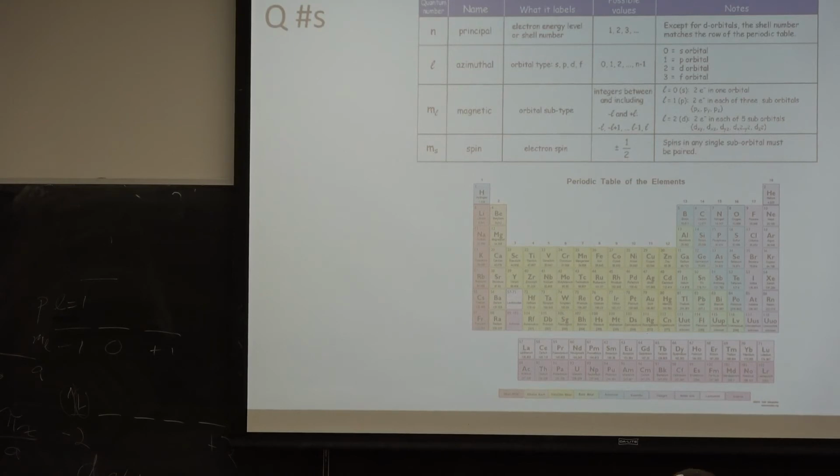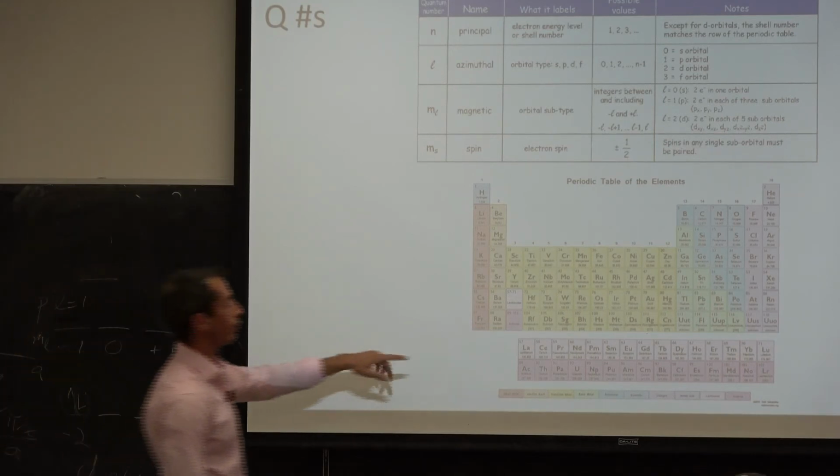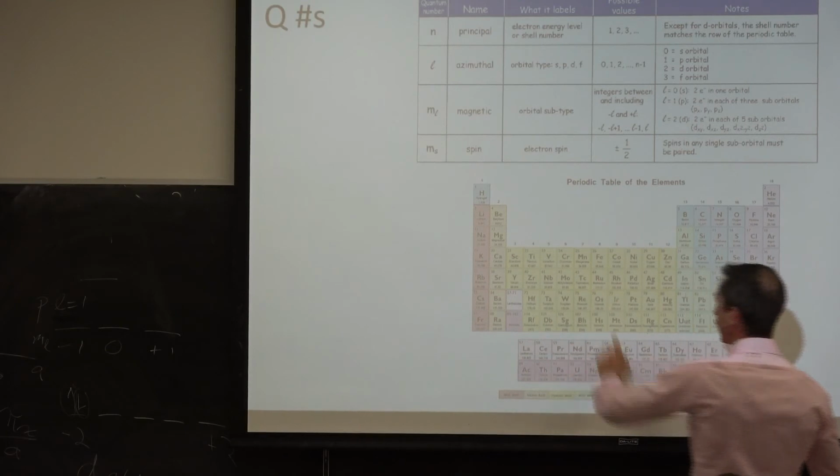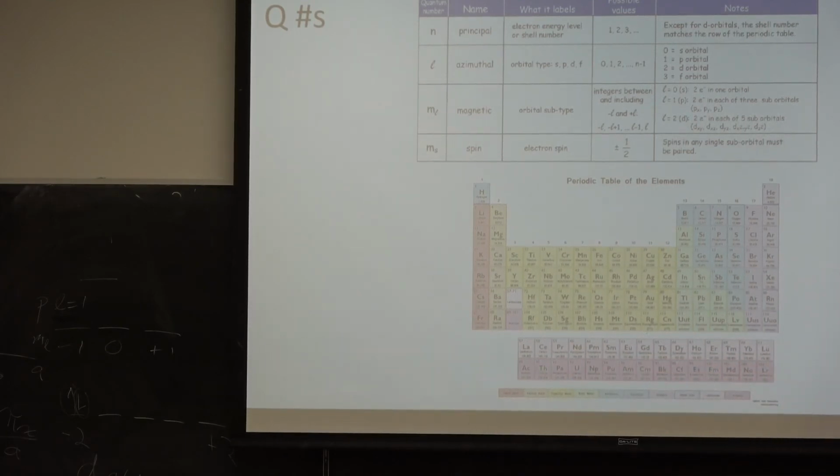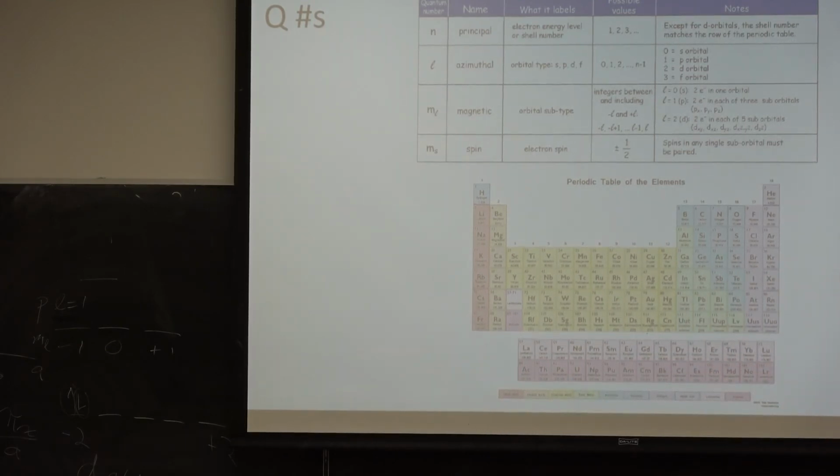So this was just a refresher on this. If I gave you something like ruthenium and said, rattle off the 4 quantum numbers that are unique to ruthenium, could you do that? N equals 4.